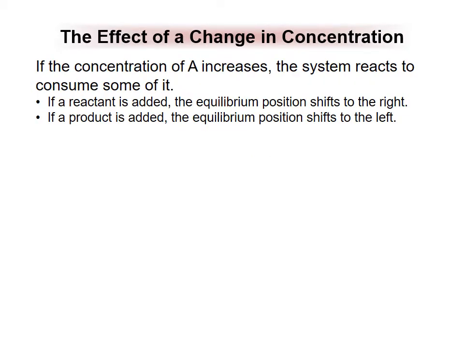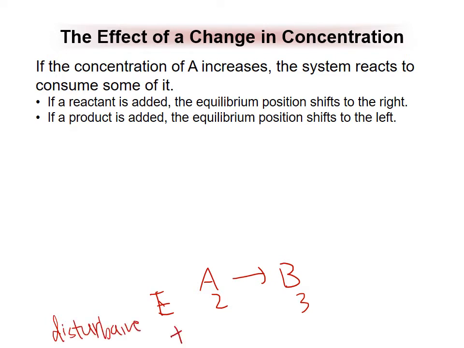Let's explain how Le Châtelier's principle works. The reaction A goes to B, and at equilibrium you have 2 molarity A, 3 molarity B. Now you have a disturbance: you add A into the system, so A increases. According to Le Châtelier's principle, the reaction will respond by reducing or counteracting the disturbance.